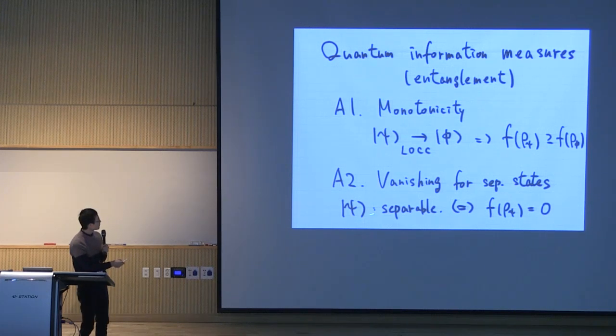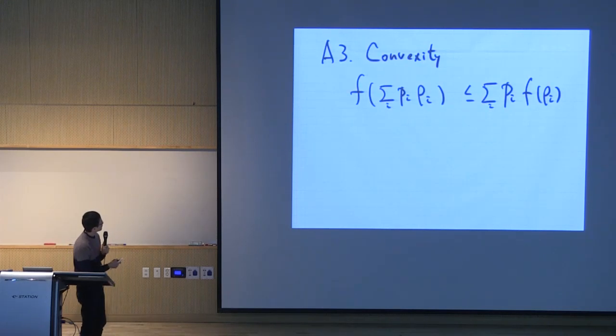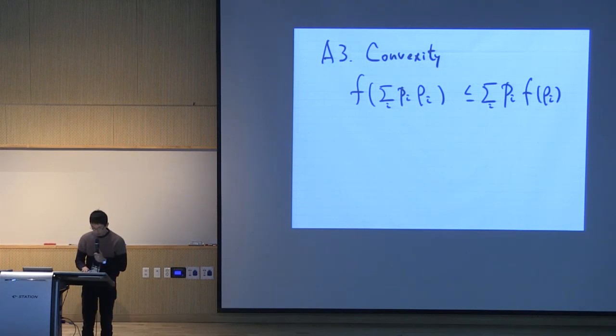In general, for entangled states, f is basically positive, and it quantifies the amount of quantum entanglement. And the third postulate is convexity. This is just for a mathematical reason, but if f satisfies this convexity, you can prove very non-trivial inequalities, which turn out to be very useful in applications, even for quantum history.